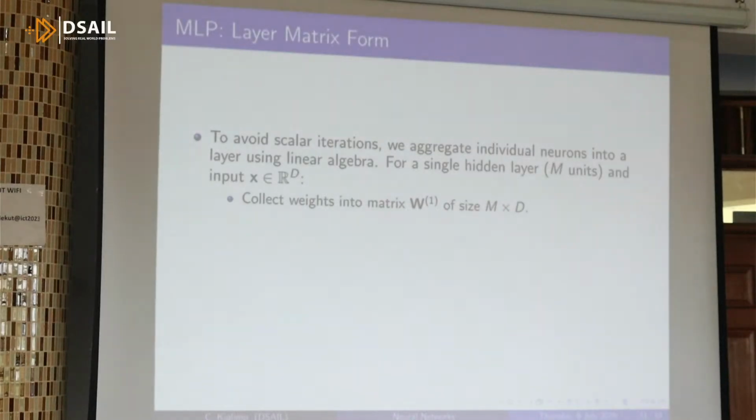Because m is basically the number of weight vectors, W1, W3, W4, and so on. In our case, W4 would make m equal to 4, so this would be 4 by d. But if the number of weight vectors is m, then you can collect this into a matrix of size m by d.